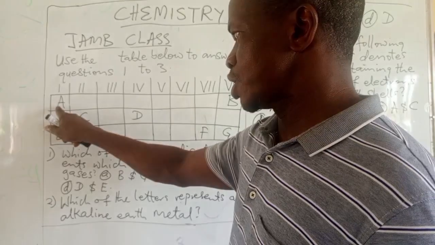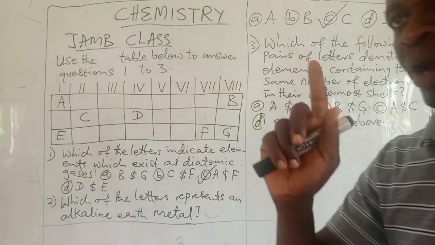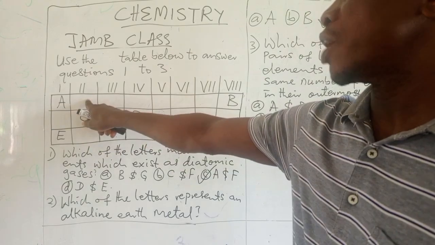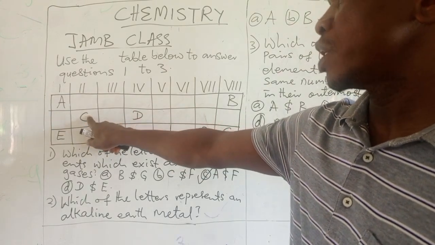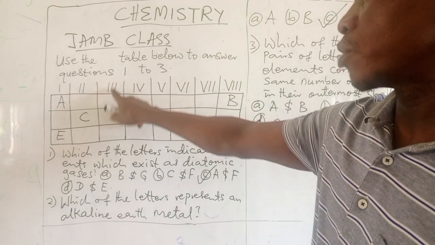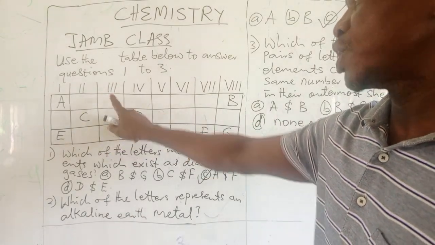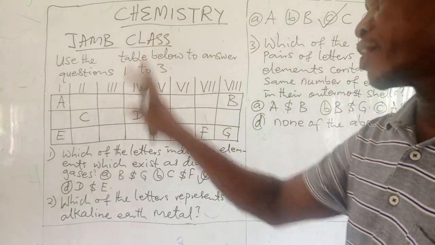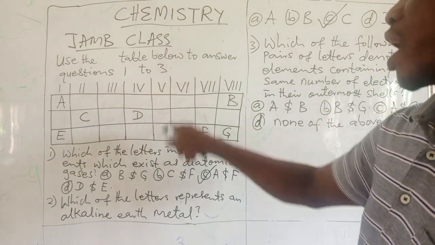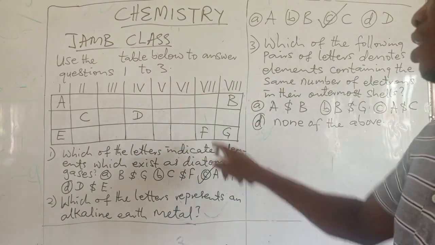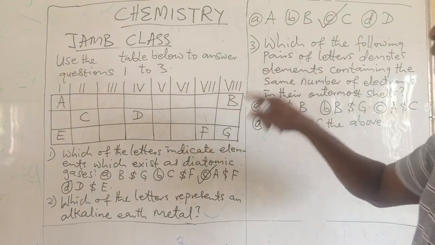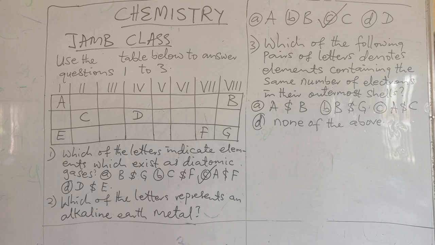So this and this have the same number of electrons, 1, 1. This one is alone. Because it's in group 2, on the outer shell it will carry 2. Because it is group 3, any element that falls there will carry 3. The same here, it should carry 4, it should carry 5, 6, 7, and 8, apart from the first element.